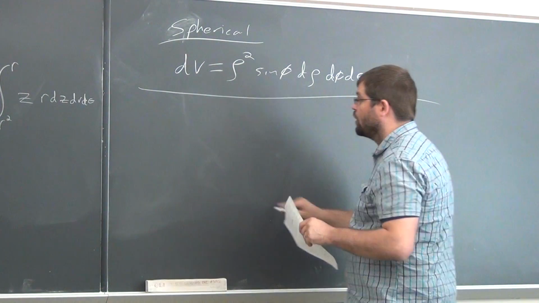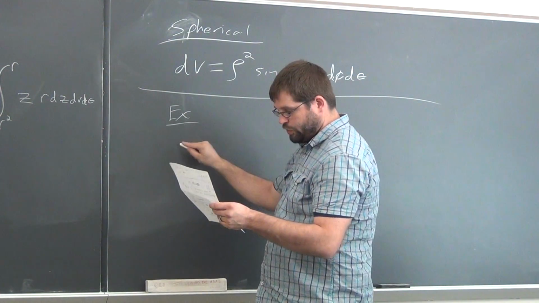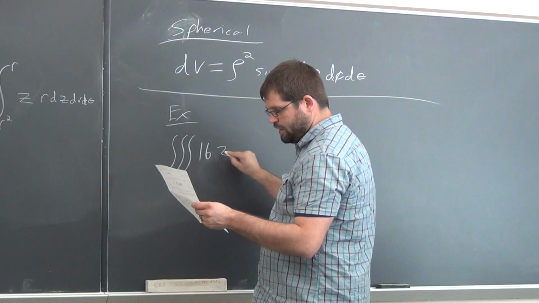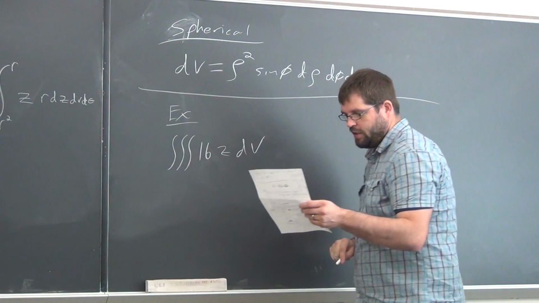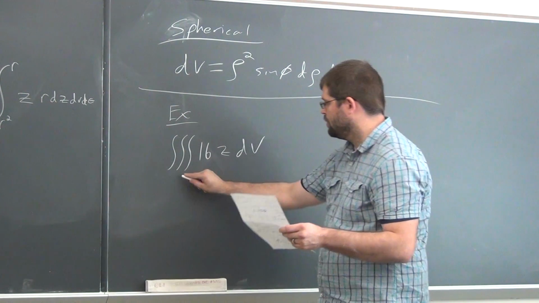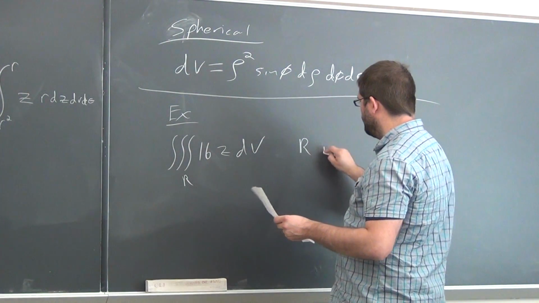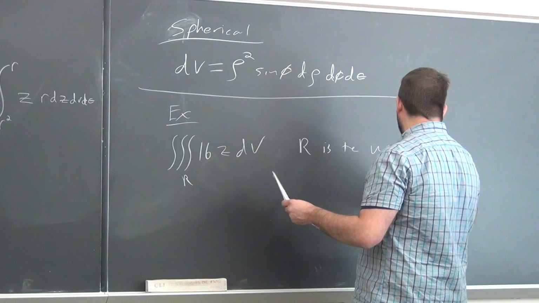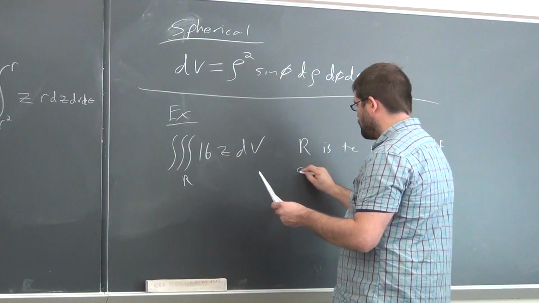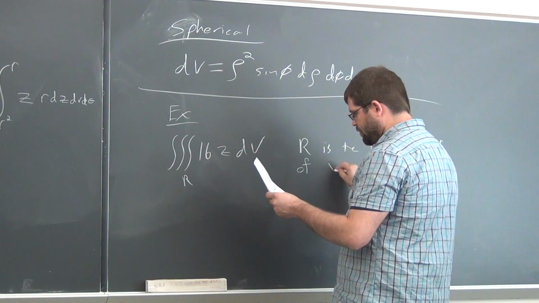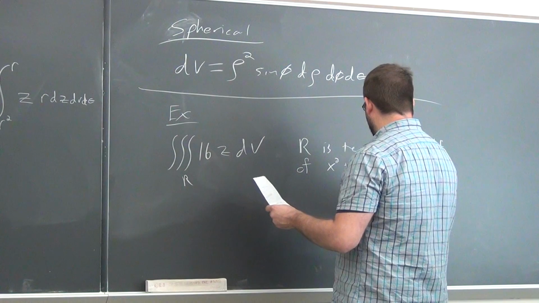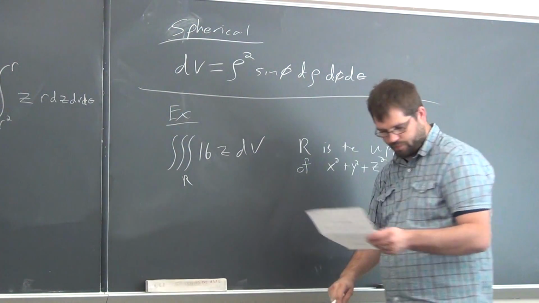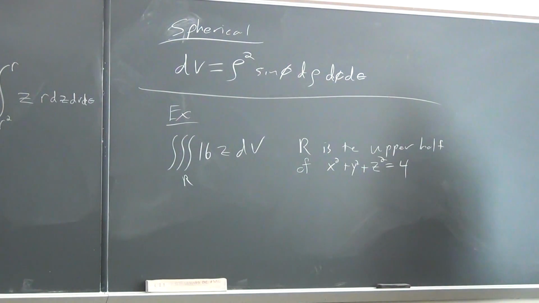Let's try an example. Okay? We'll start with one that's just straightforward. The integral of 16z dV over R, where R is the upper half of x squared plus y squared plus z squared equals 4.